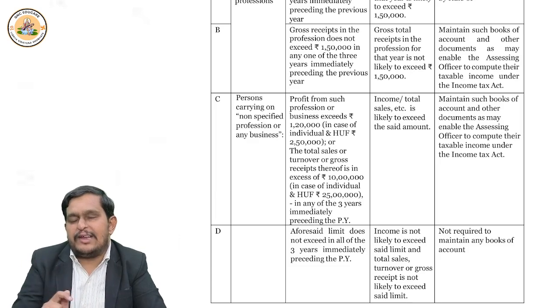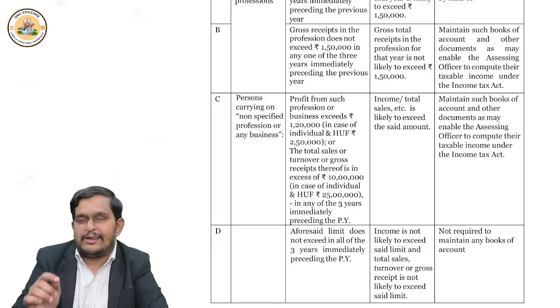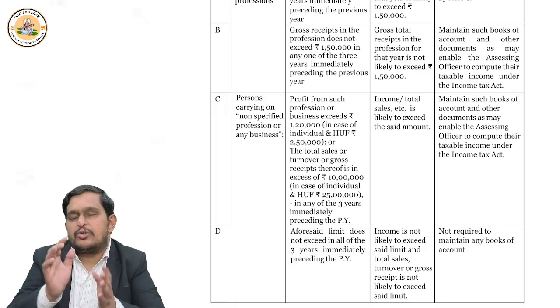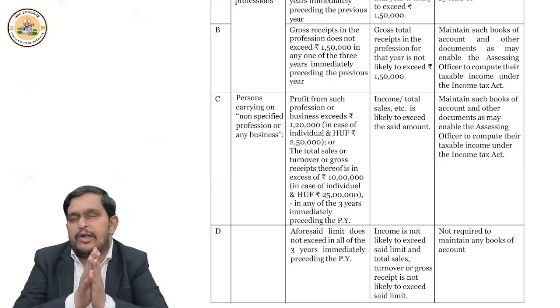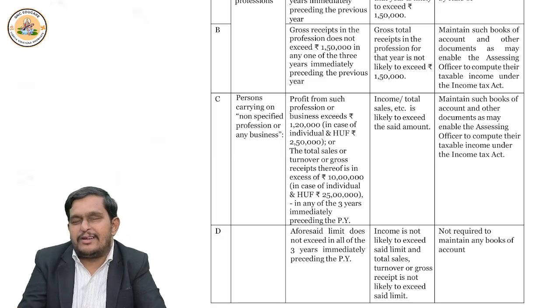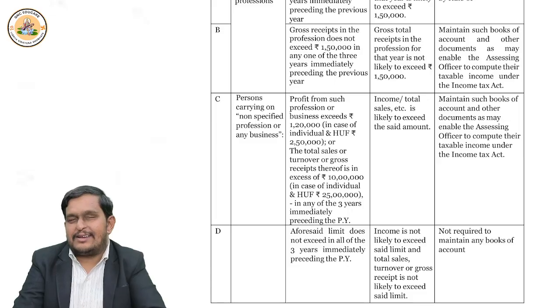Turnover limit 25 lakh. Similarly, for other assessees, income limit is 1,20,000 and turnover limit is 10 lakhs. This difference you should be able to remember. And if they cross the limits in any of the 3 years, then reasonable books so that the assessing officer can compute your income. And if you don't cross either of the two limits in all the 3 years, then no need to maintain books of accounts. That's it for C and D.